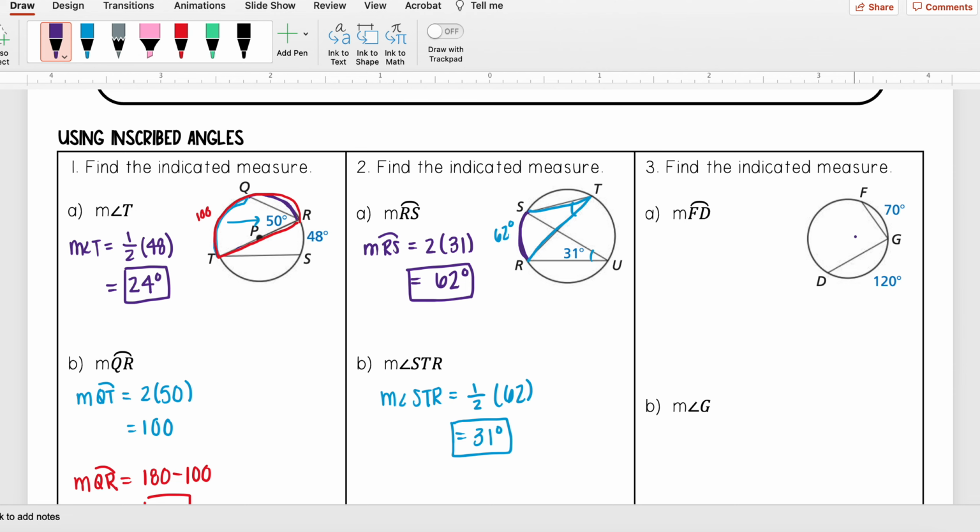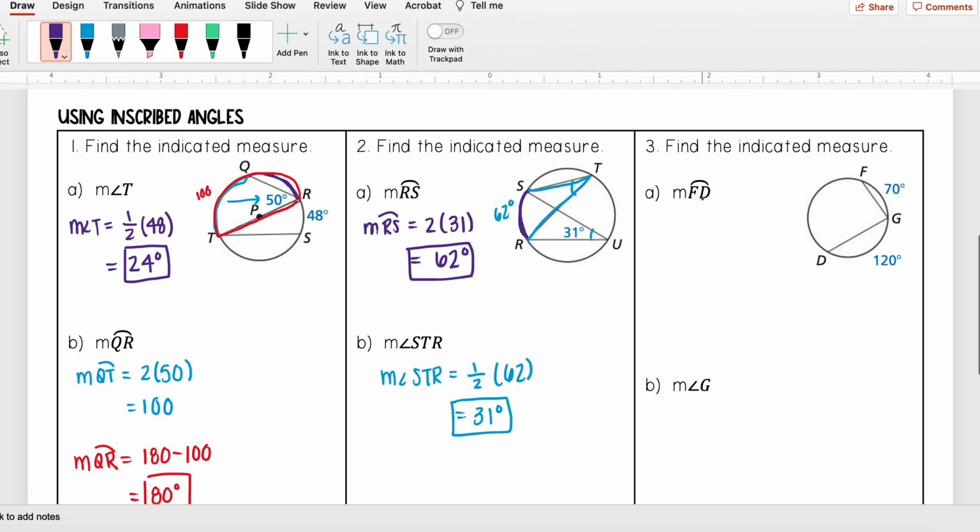Okay, and now for this last one, I want to find first the measure of arc FD. I don't have my inscribed angle measure. My inscribed angle is this angle FGD, but I don't know the angle measure. However, I do know the measure of arc DG, and I know the measure of arc FG. To find the measure of arc FD, I know that all of the arcs in a circle add up to 360.